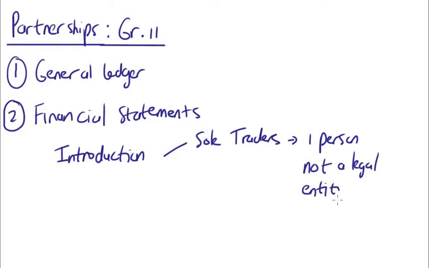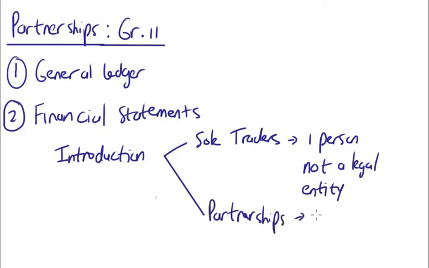The main thing is that the sole trader doesn't really pay tax. In other words, at the end of the financial year, all that happens is that your net profit, your profit and loss, closes off to your capital account.